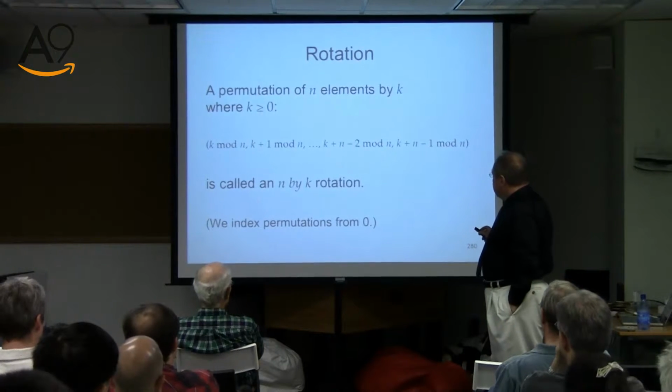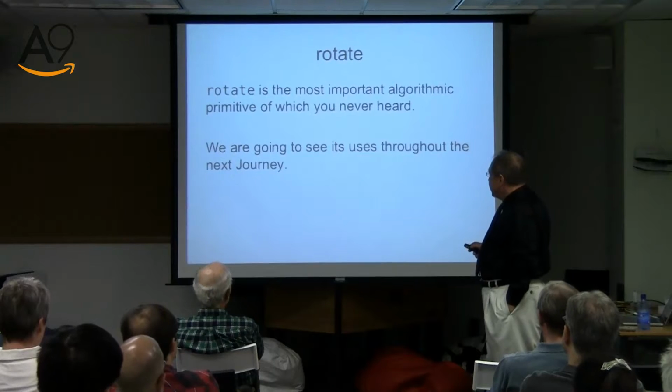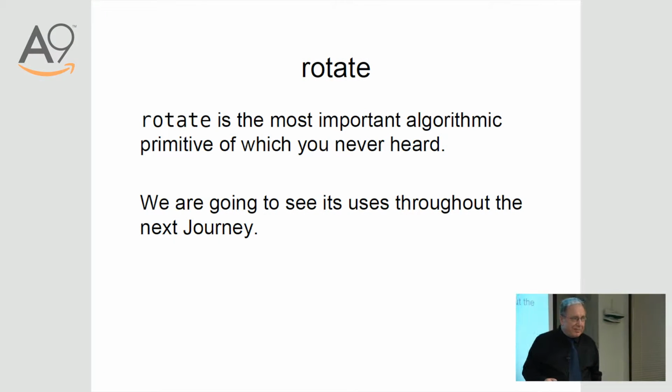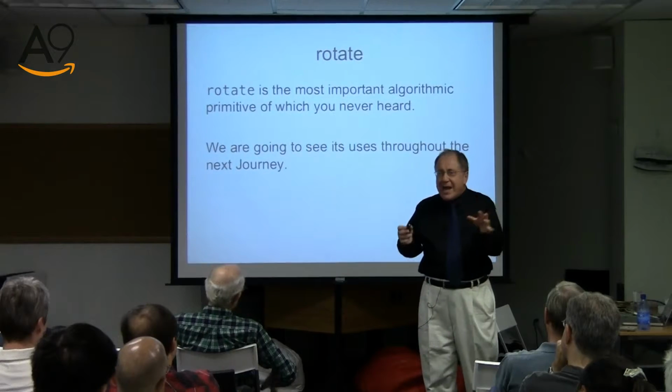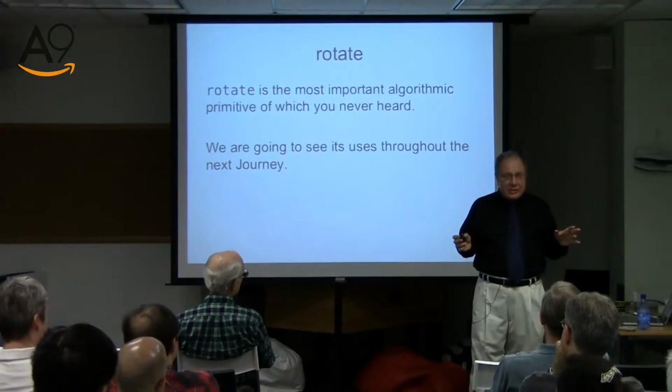And it is an amazingly important algorithmic primitive, of which you, of course, do not know, because it somehow escapes people's attention. Some of you might know how to do rotations, but most people never encounter it.